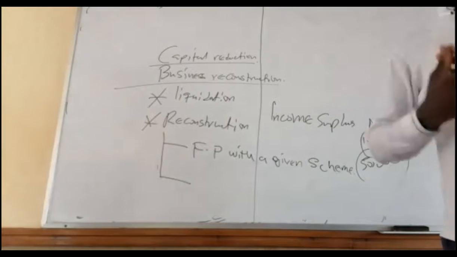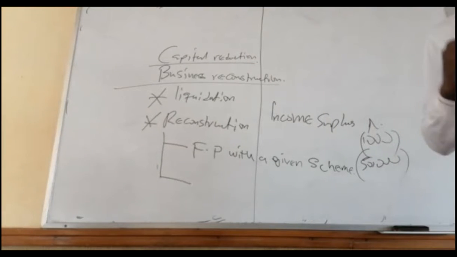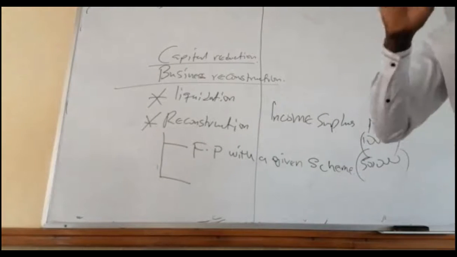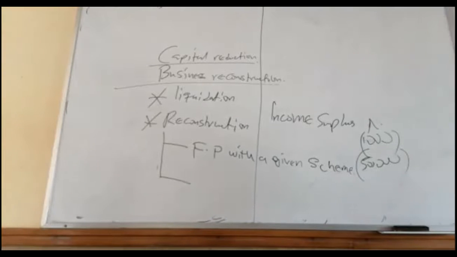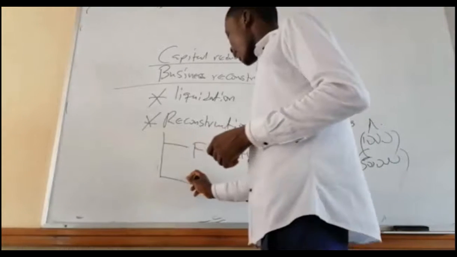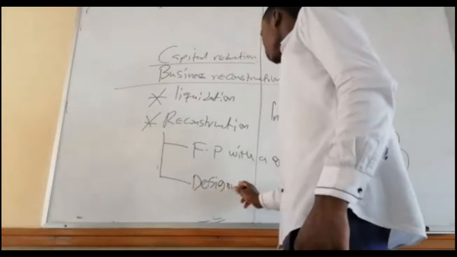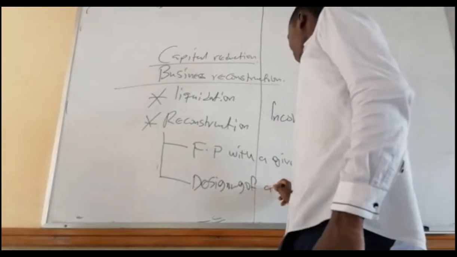A systematic procedure, formal, well communicated, well documented, that says please sign and sacrifice this amount, and then give her this amount. Good. Or they will ask you to design a scheme. So, designing of a scheme.